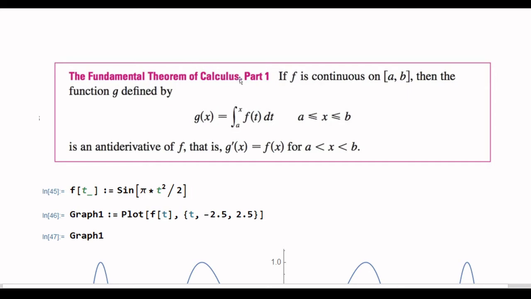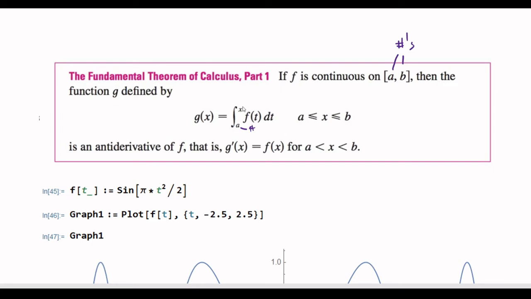The fundamental theorem of calculus, part 1: if f is continuous on some interval a to b. Remember, a to b are just numbers, right? Every time you see this, you should just think numbers. Then the function g, defined by g of x, is an integral from a, again a number, to x.